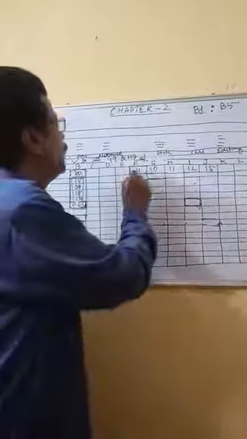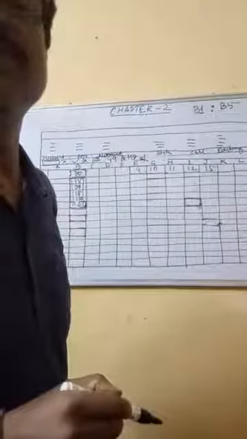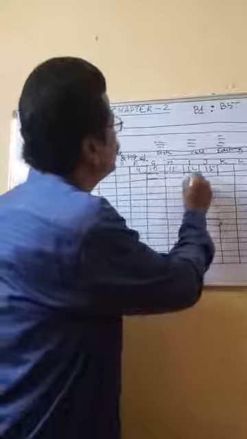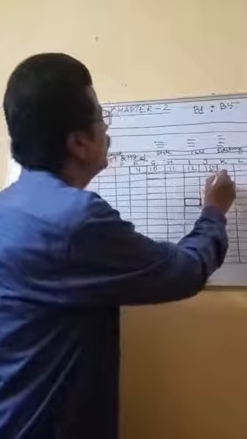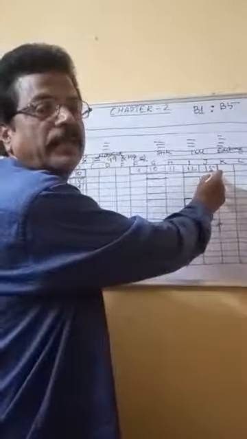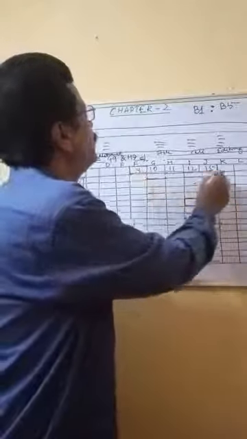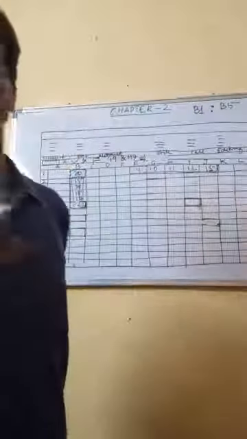Then press the left button of the mouse and drag up to the last cell where data is entered. The entire area will be selected and will come in a different color. Not only this area, you can select the complete area of the worksheet, or any row or any column that you want to select.